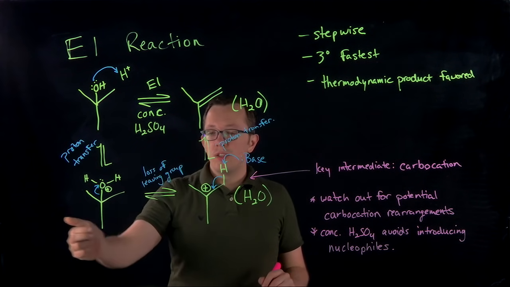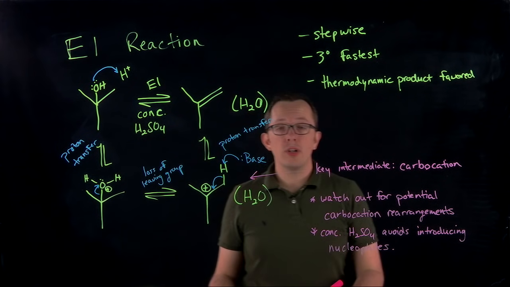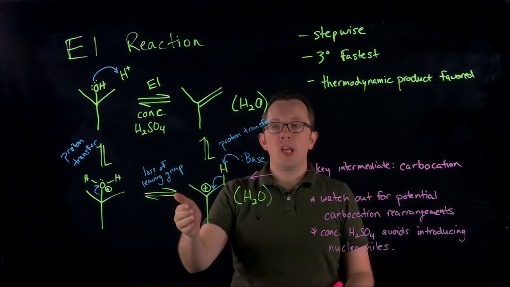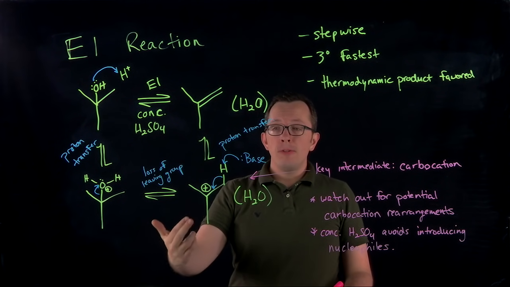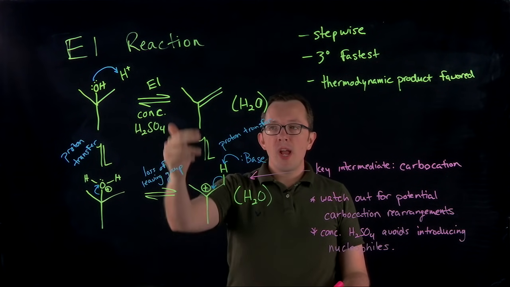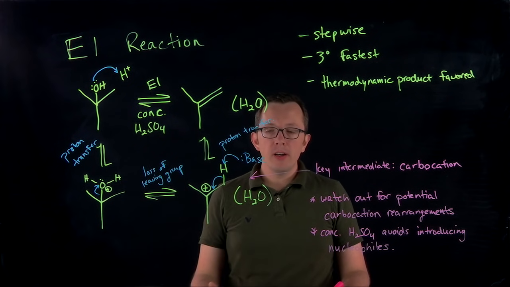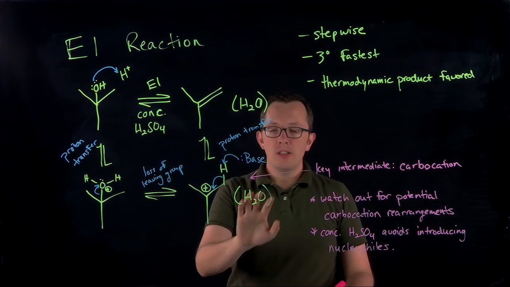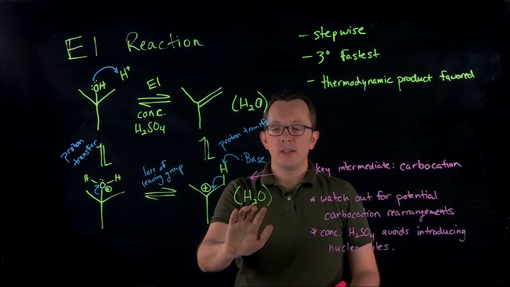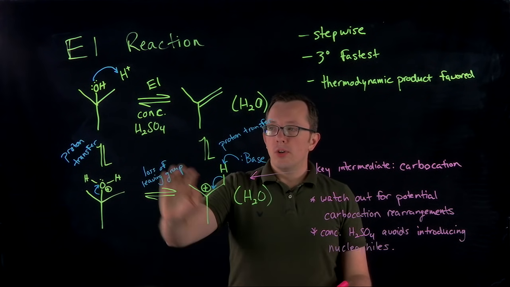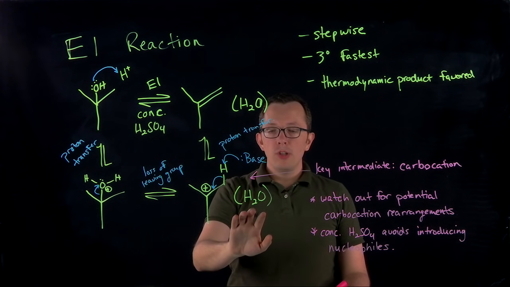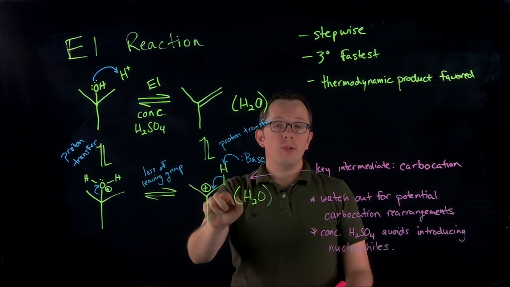So this is going to look very similar to what we've already seen with SN1 reactions where we form this carbocation intermediate. So the difference here is that in an E1 reaction, we really don't have any good nucleophiles present. We do generate water, but it's in very small amounts. So it's very unlikely that this is going to act as our nucleophile. So in the presence of concentrated H2SO4, the only thing we really can do is do a deprotonation.